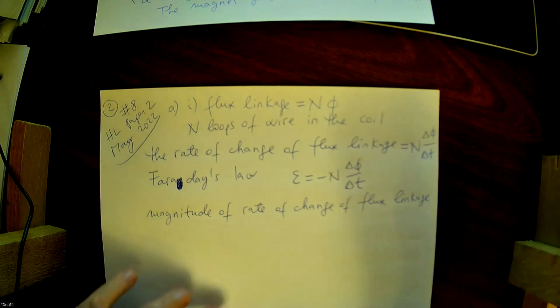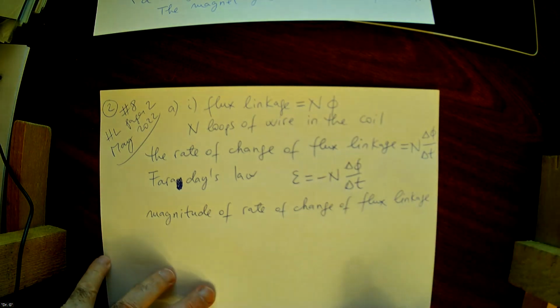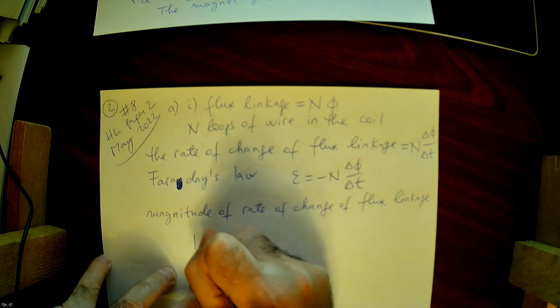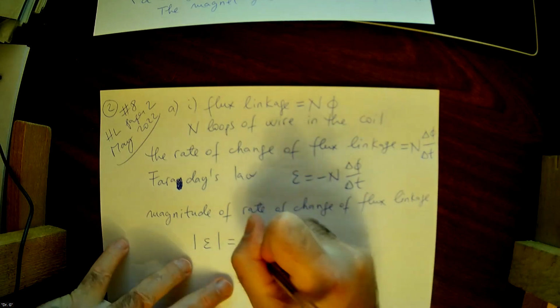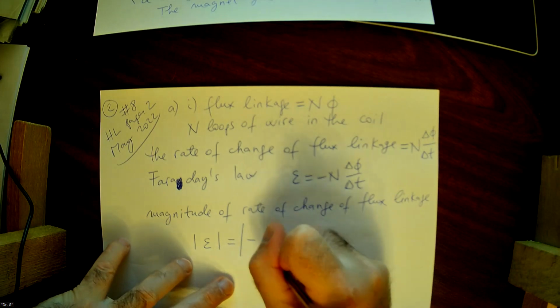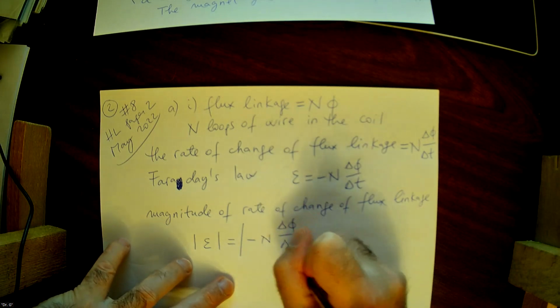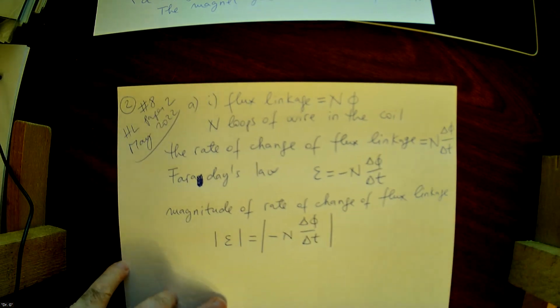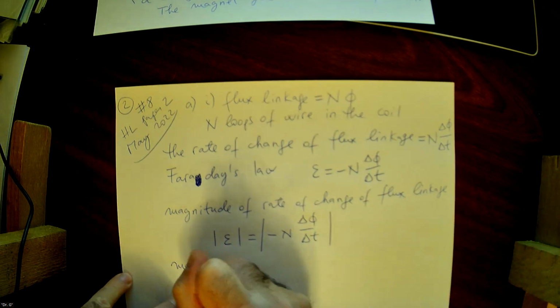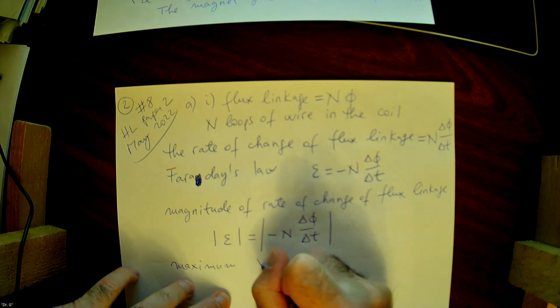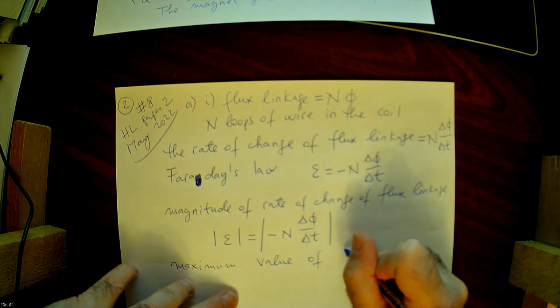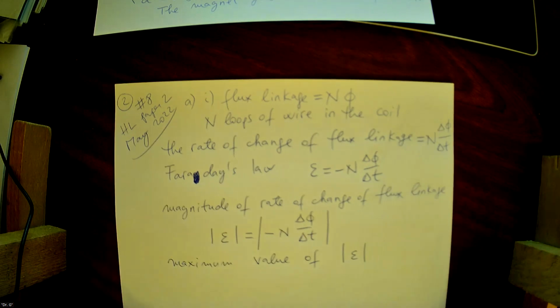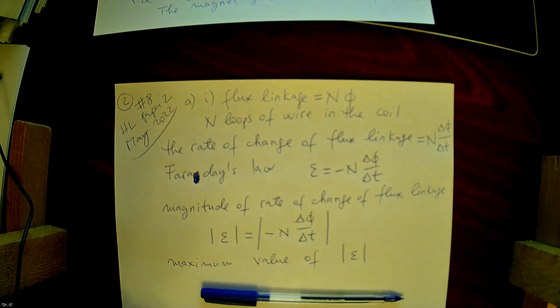The magnitude, I take the absolute value of E, which is equal to the absolute value of negative N delta phi over delta t, yeah? And I want the maximum value of the magnitude of the induced voltage.